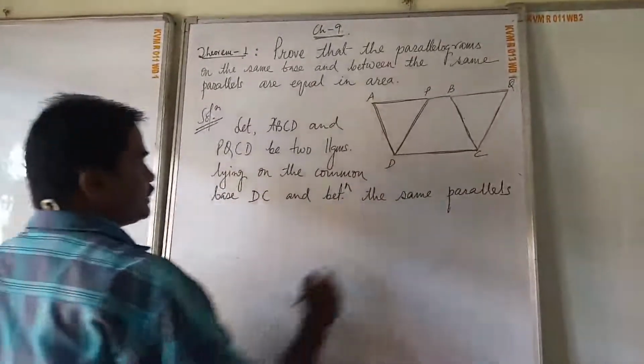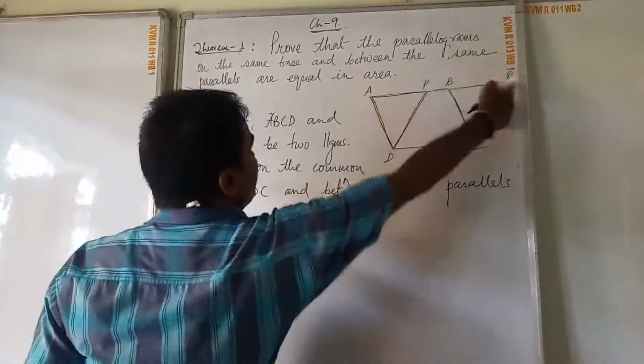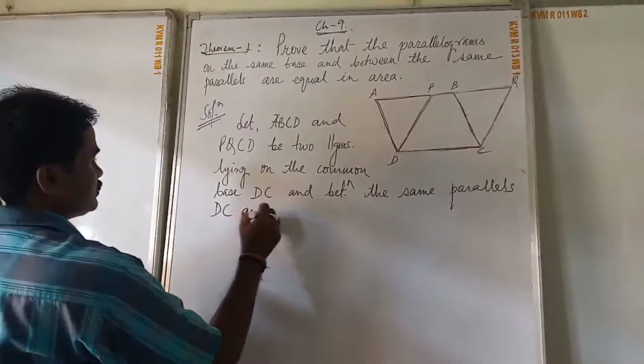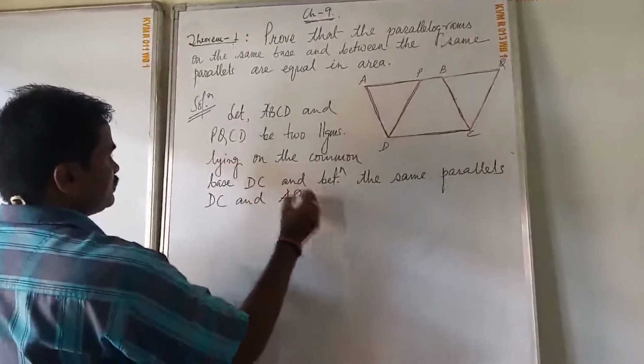What are the parallel lines here? DC and AQ.